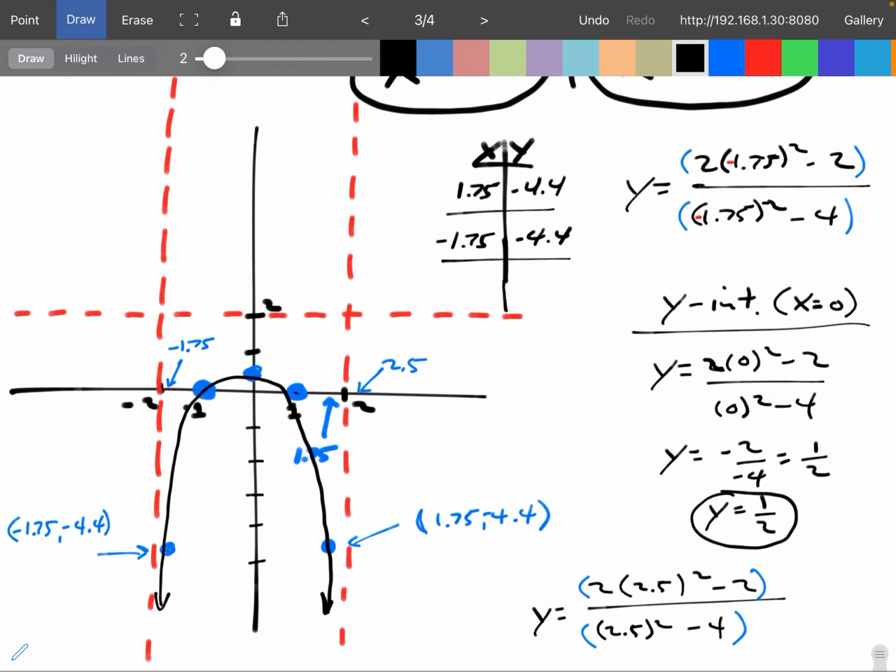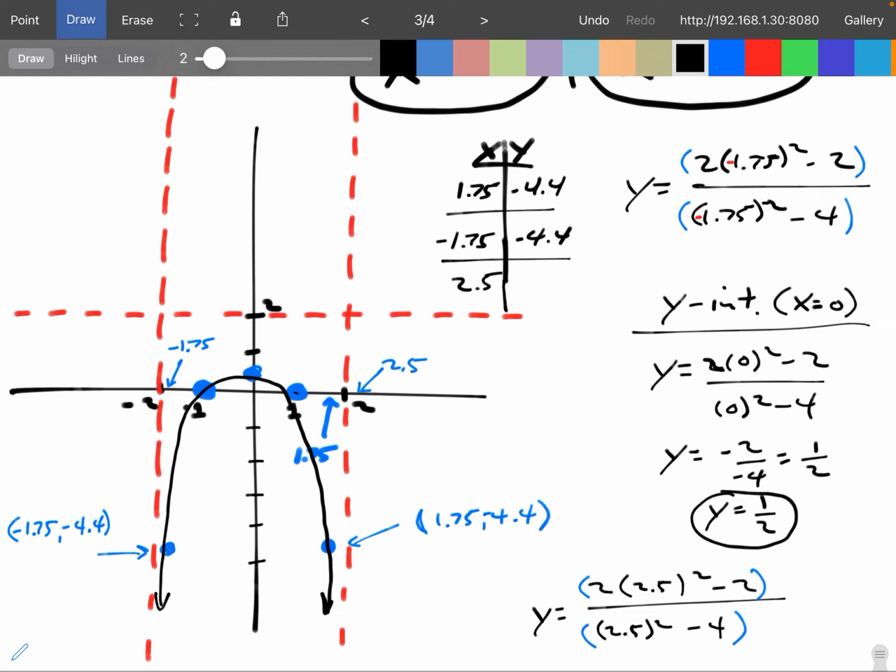Okay, so we need that. So I'm adding to my little chart here again. So now I'm doing 2.5. There, okay. So let me put that in my calculator real quick. So I'm going to do 2.5 squared. And then I'm going to multiply that by 2.